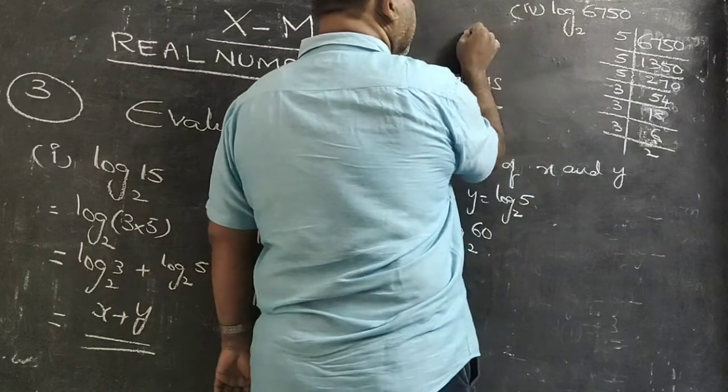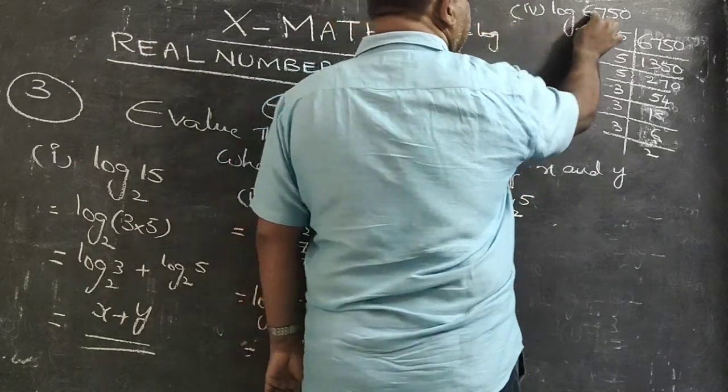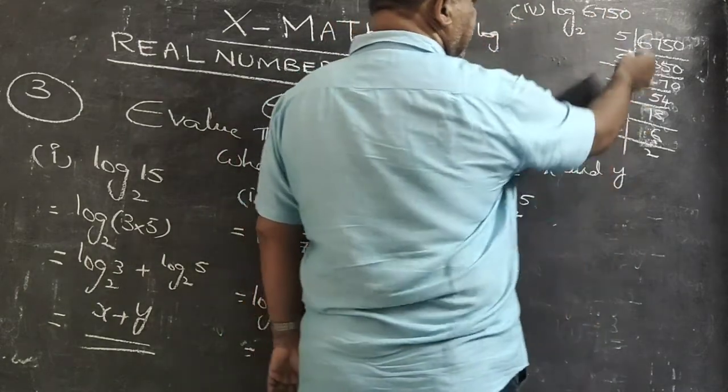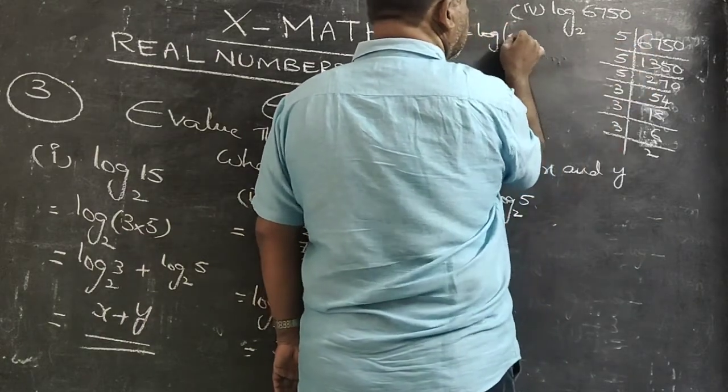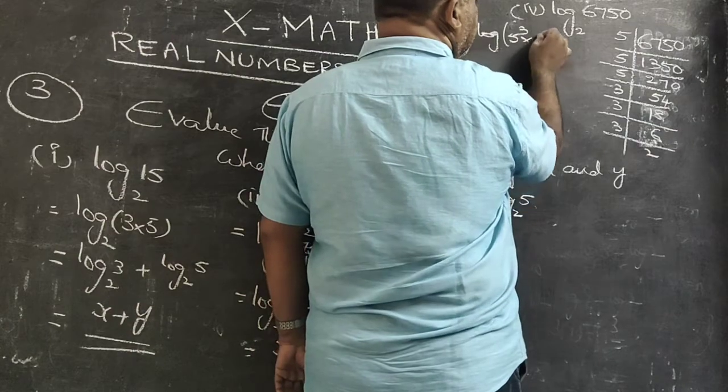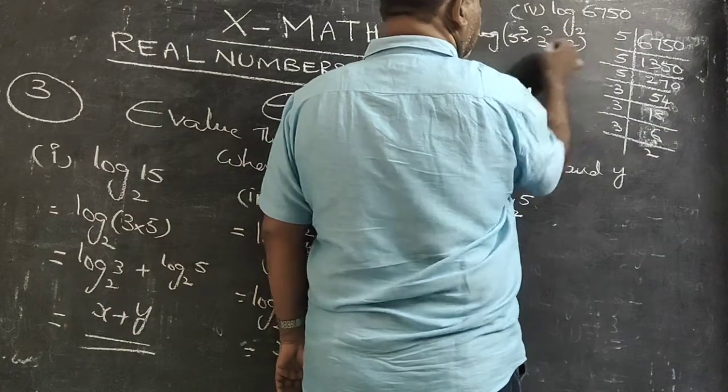So it is log, in place of 6750, let us write its prime factors. First one is 5 cube into 3 cube into 2.